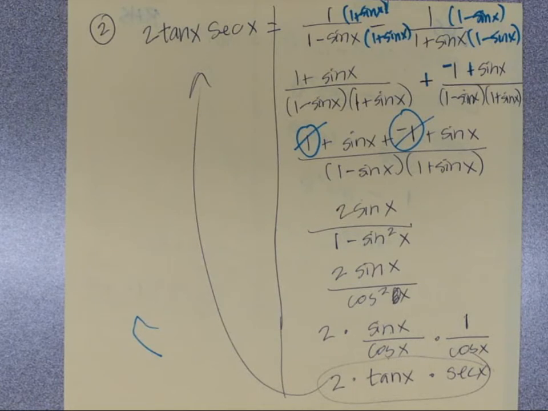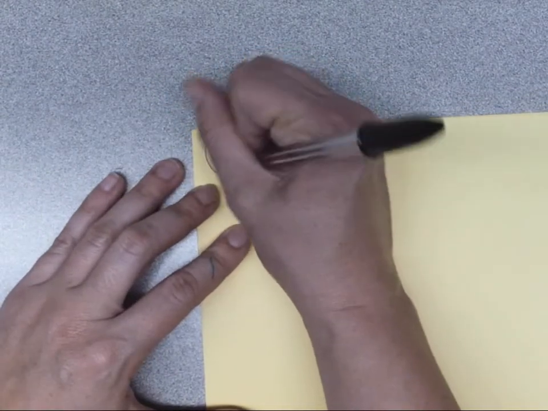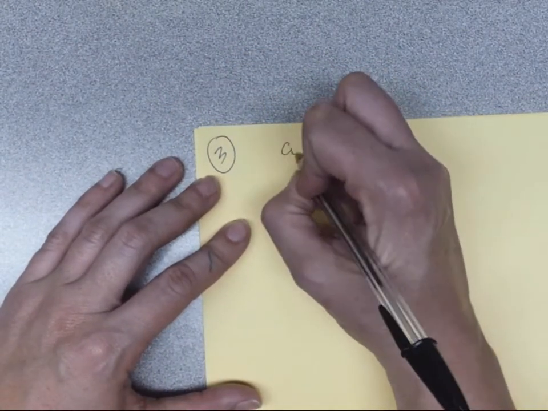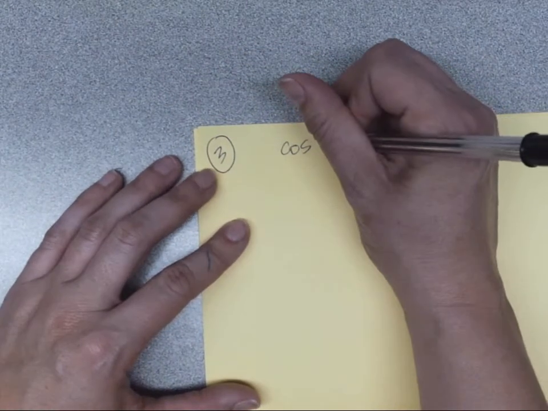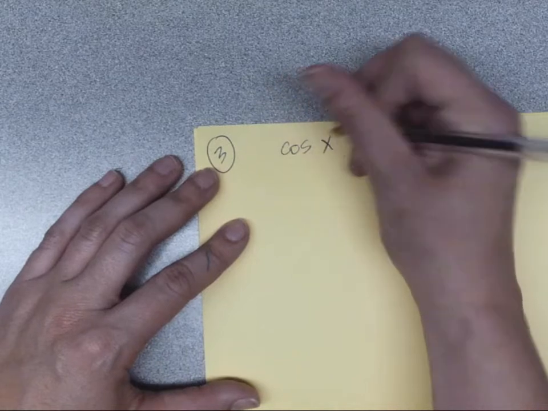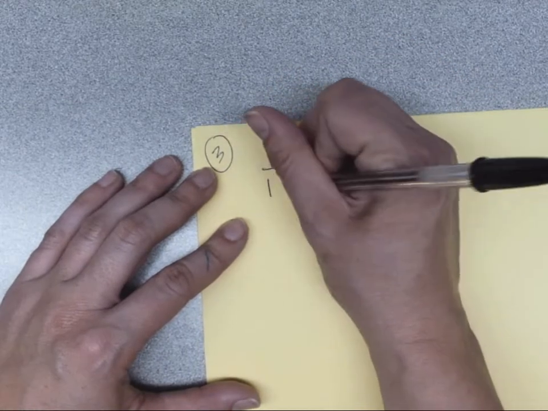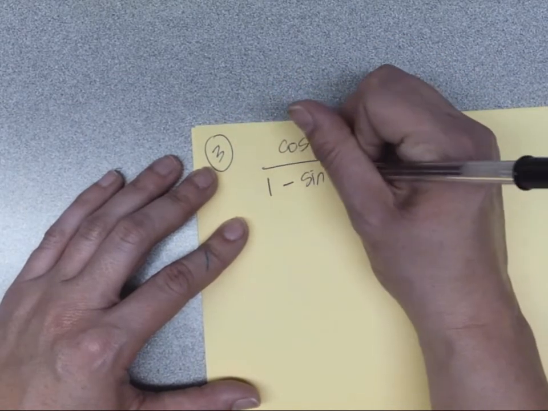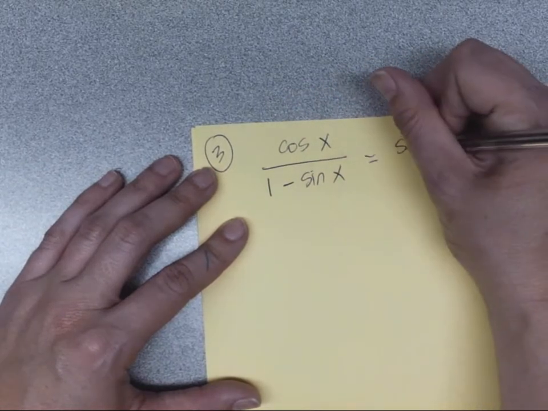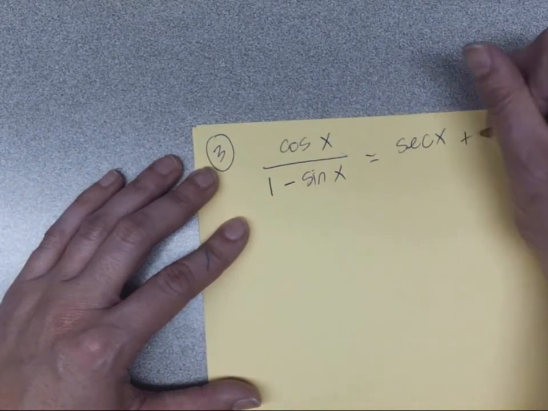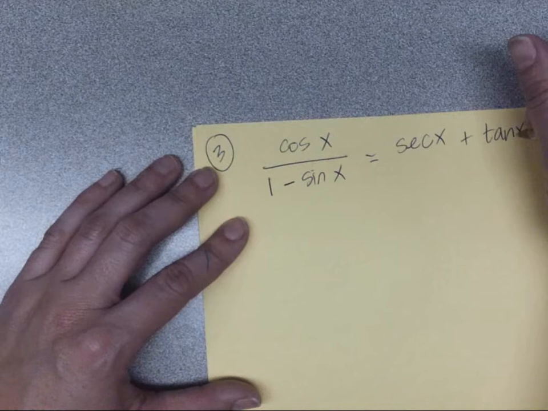Okay, so the last problem we're going to do is this identity, or this equation: cosine of x over 1 minus sine of x equals secant x plus tangent x.